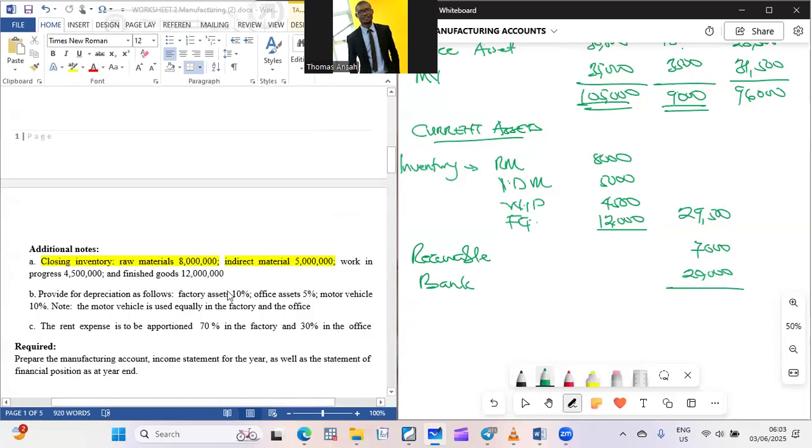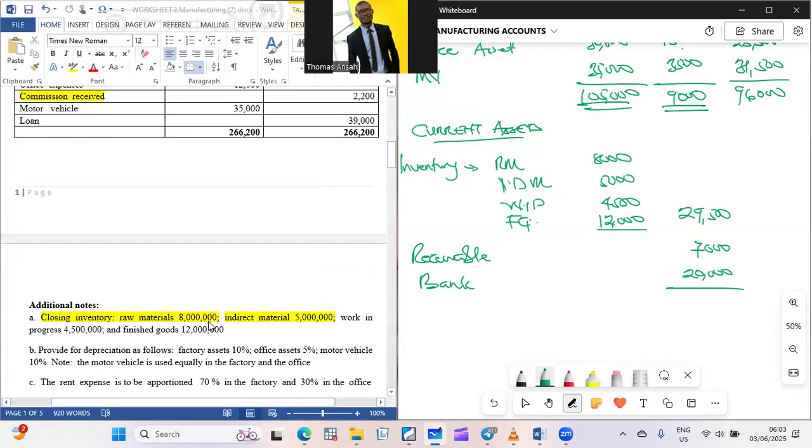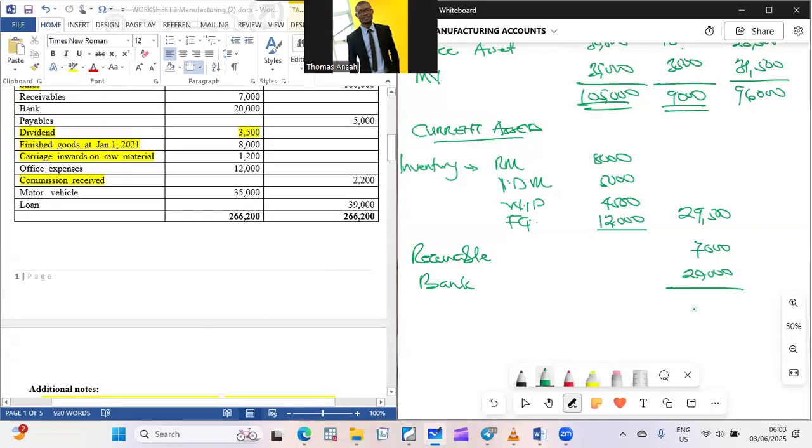Have we done twice treatment for all these things? Yeah, we've done twice treatment. Factory expense was just apportionment. It's not treating it twice. So take note of that. So this is 56,500, right? That's the current asset.